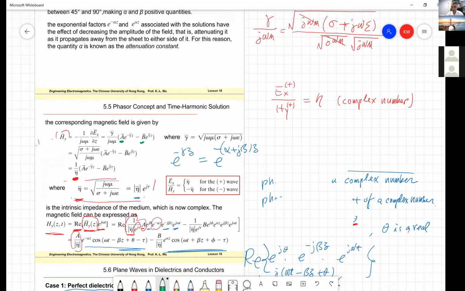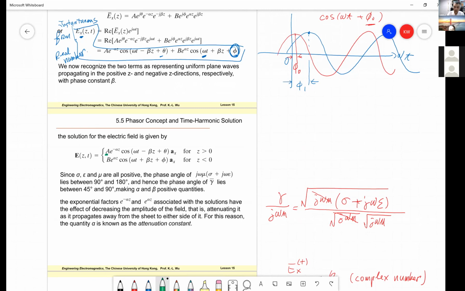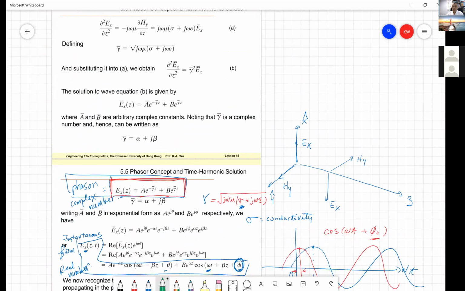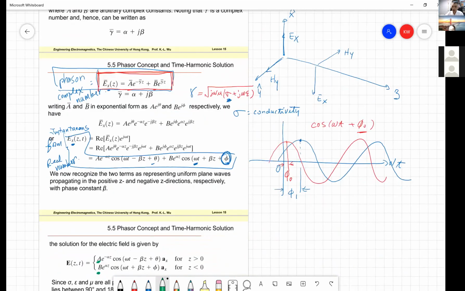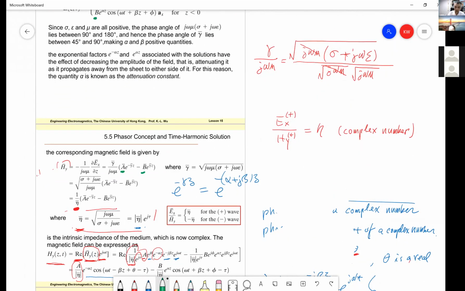No. But this A and B can be determined, because A and B are related to the magnitude of H. And according to the boundary condition, this magnitude of H is related to the current density.